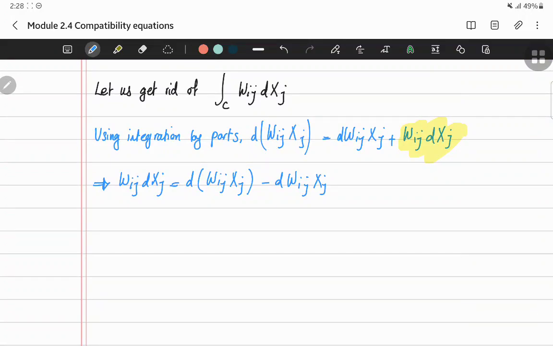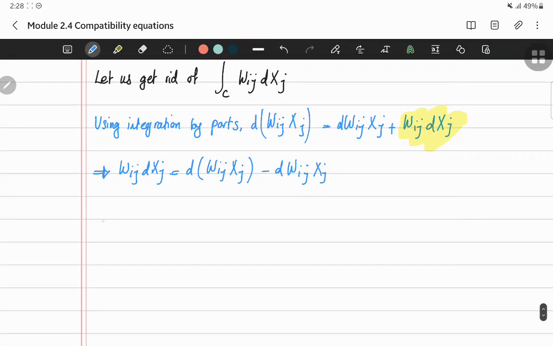All right, so if I integrate, then I have the integral of wij dxj is equal to the integral of this, which is wij xj, right?